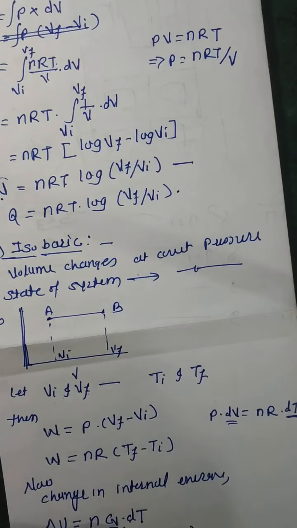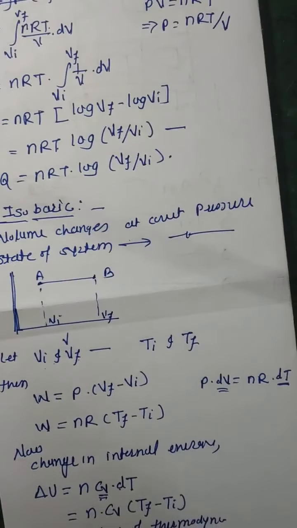This is the change in internal energy, and therefore by the first law of thermodynamics, what is the first law? Q, the quantity of heat supplied, is equal to change in internal energy plus work. Change in internal energy is n into Cv into Tf minus Ti.